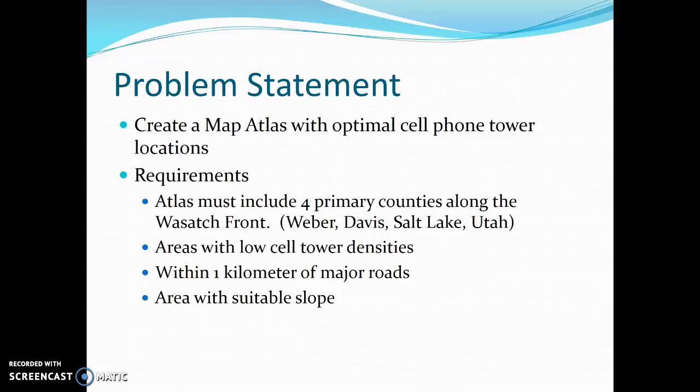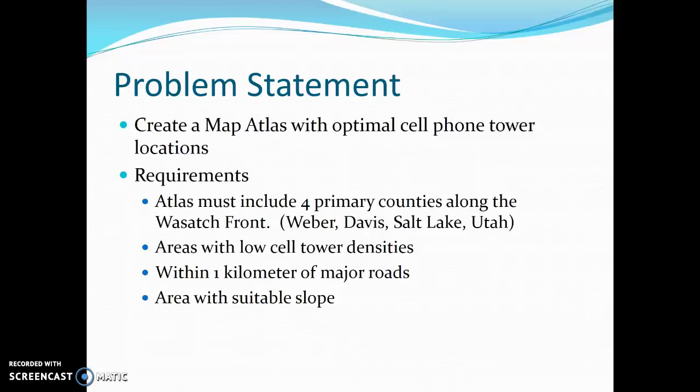So, with our project, we had a certain amount of things that we wanted to get done. First of all, we wanted to create a map atlas that shows optimal cell phone tower locations based on a certain amount of requirements.